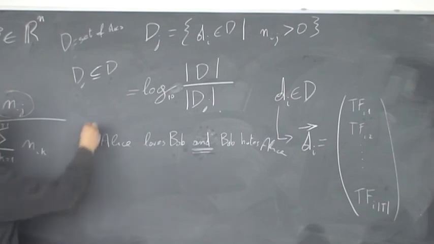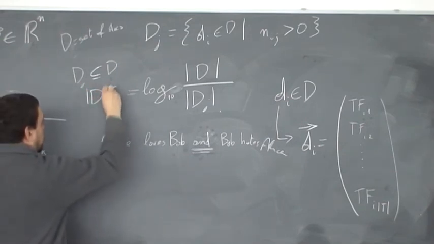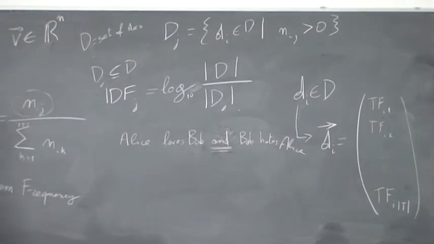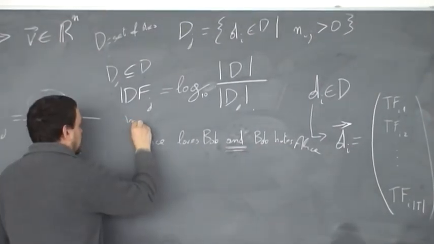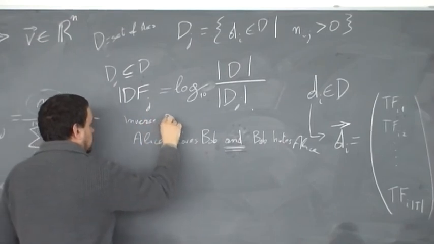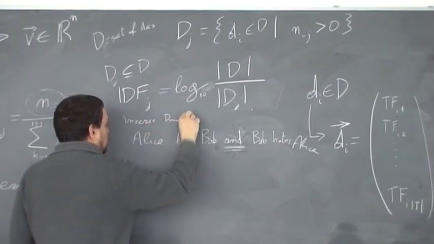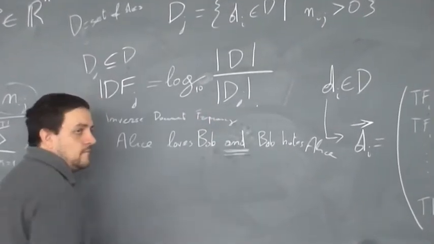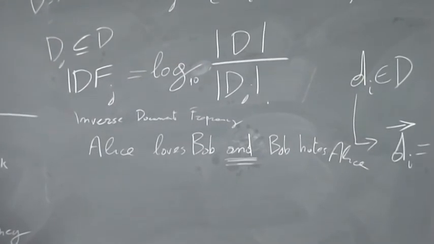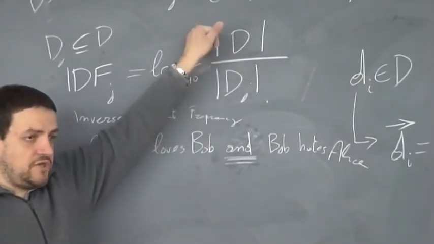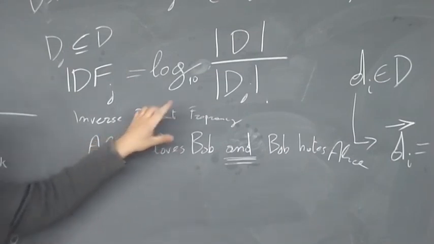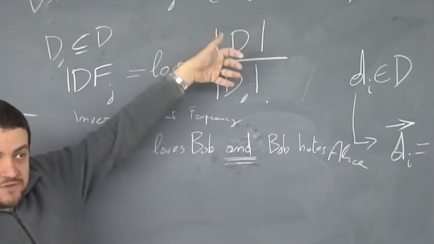And we call this the inverse document frequency of term j, IDF. It's a frequency because it's a ratio between a subset and all documents. It's inverse because it actually reverses the usual definition of frequency.